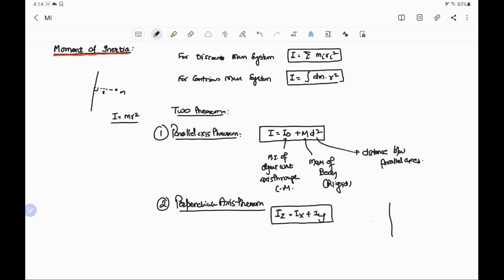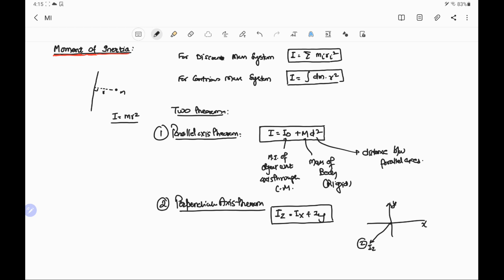Suppose this is our Cartesian coordinate system. This is x-axis, this is y-axis. X and y are in the plane of this paper, and this z-axis is perpendicular to this plane. Then the moment of inertia about this z-axis, Iz, is equal to the sum of Ix plus Iy. So this theorem is also very important. We will use it in many cases.